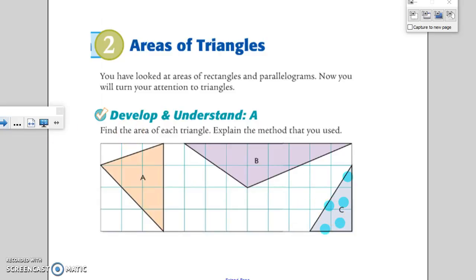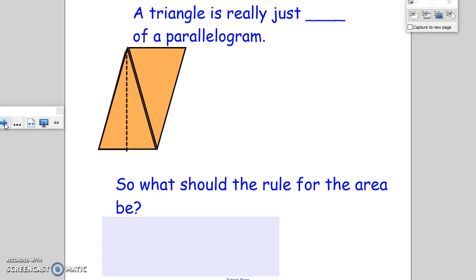And I want to build on what we did yesterday by taking a look at a quick parallelogram, okay? Every single triangle in the universe can actually be transformed, just like we magically transformed the parallelogram into a rectangle yesterday.